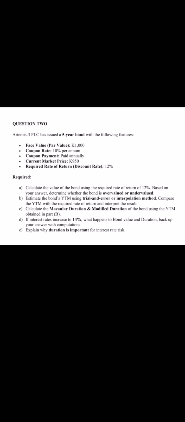Then for G, they are saying if interest rates increase to 14%, what happens to the bond value and duration? Back up your answer with computations. So let's find our new value of the bond using the same formula that we used in question A, but this time using 14%.